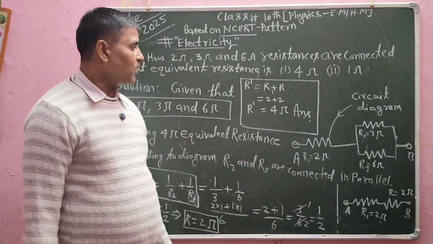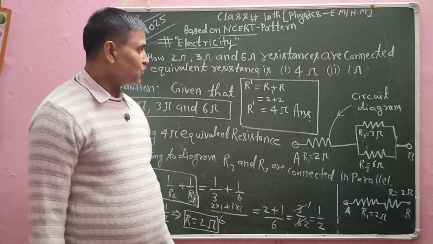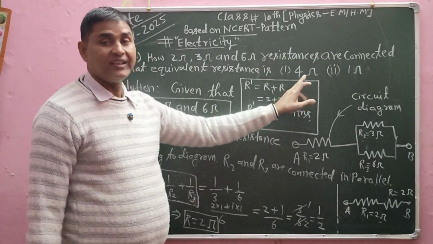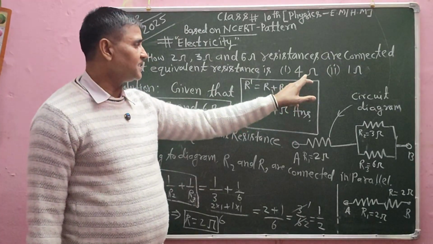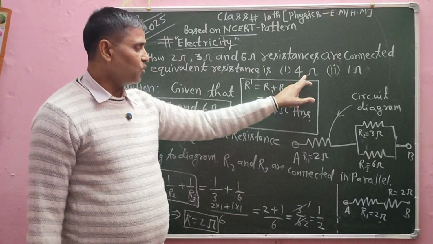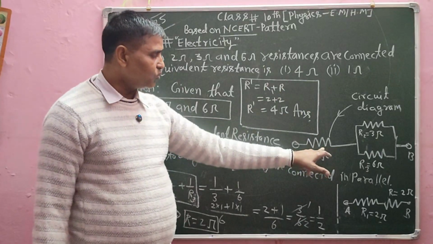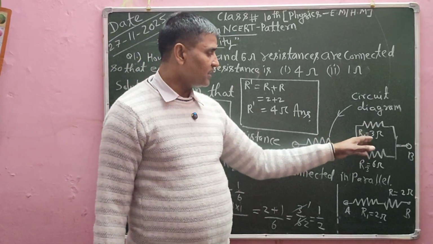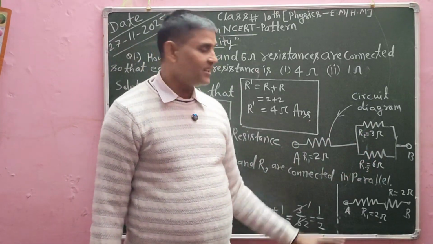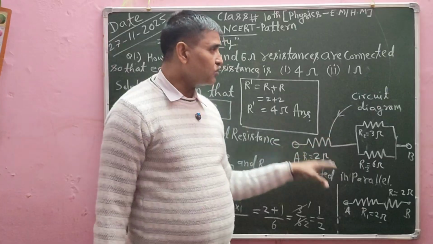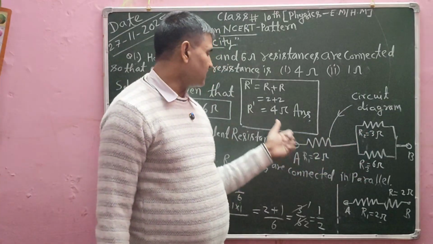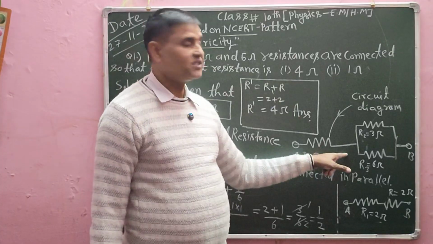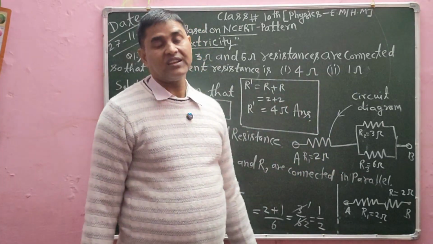Now you have to draw the circuit diagram in such a way that you get the resultant resistance value of 4 ohm. So I have connected 2 ohm in series, and 3 ohm and 6 ohm I have connected here in parallel. After calculation I have got its value 4 ohm. It means this circuit diagram is correct for this question.